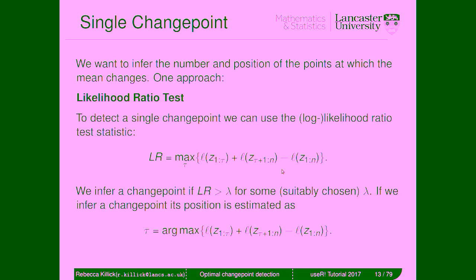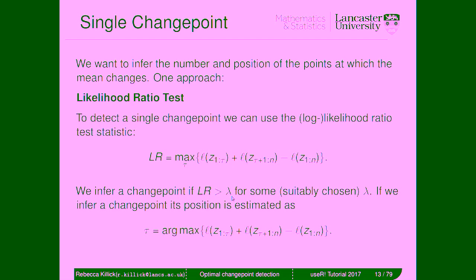The difference is that because the change point is a discrete variable, we can't maximize this by differentiating and setting the derivative to 0 to maximize over tau. Instead, we have to take each individual value of tau, evaluate it at each one, and then decide which one's the best. That may seem very simplistic, but that's exactly what we do. Then the way you decide whether you have the change point model or the no change model is that you look at this likelihood ratio and ask, is it larger than some threshold value?